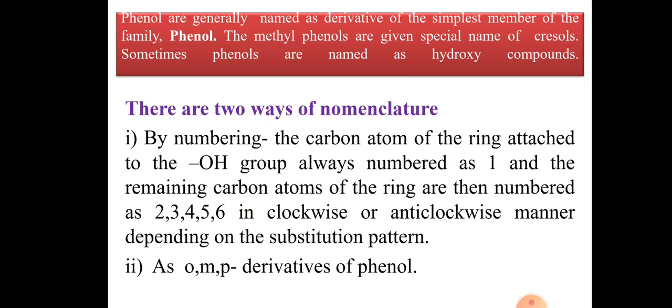That means for benzene containing hydroxyl groups, the numbering always starts from the hydroxyl group, which gets number 1, and the remaining carbon atoms in the ring are numbered 2, 3, 4, 5, 6, whether clockwise or anti-clockwise, depending on whatever substitution pattern is present.